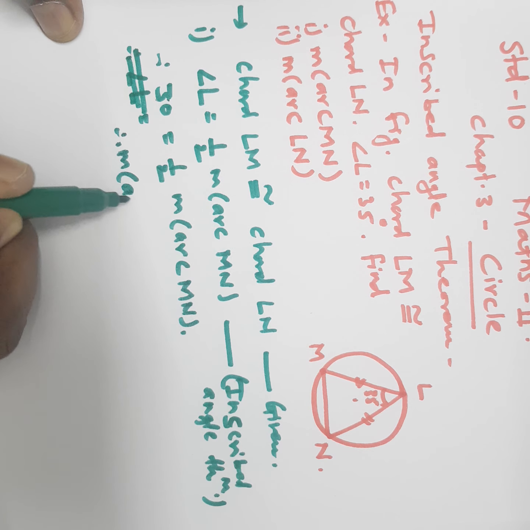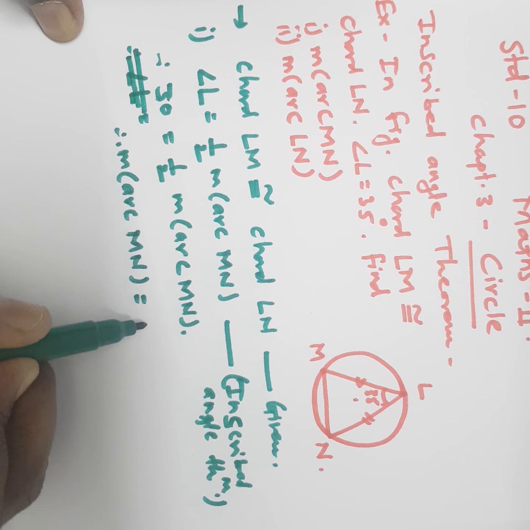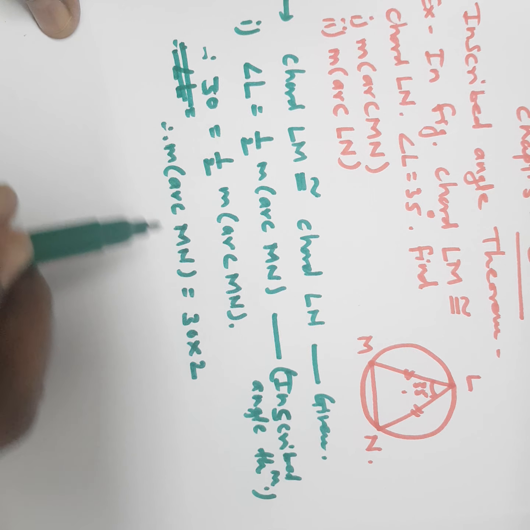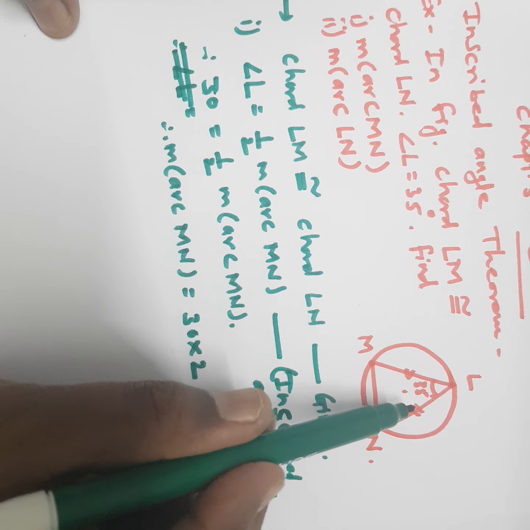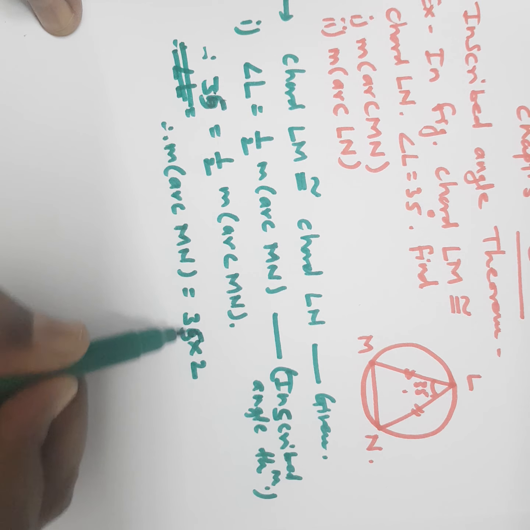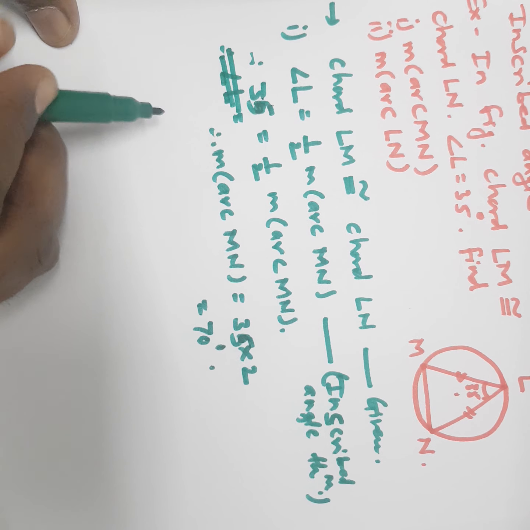Therefore measure of arc MN is equal to 30 into 2. Sorry, it is given as 35 degrees. 35 into 2 is equal to 70 degrees.